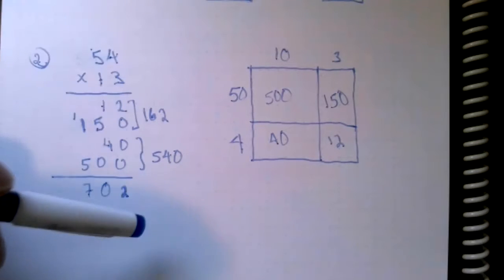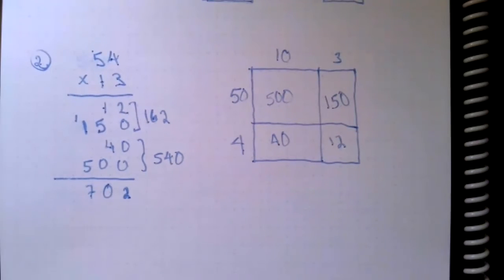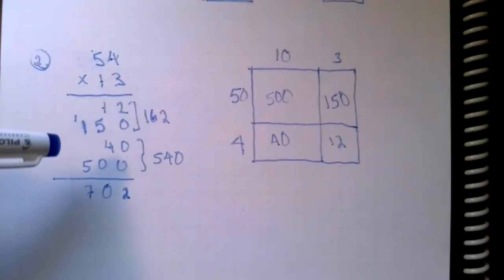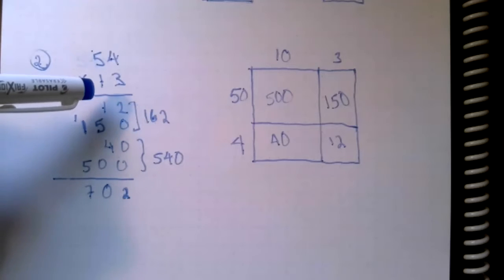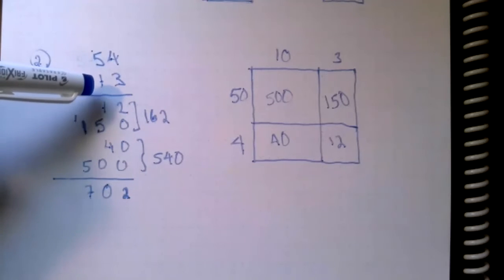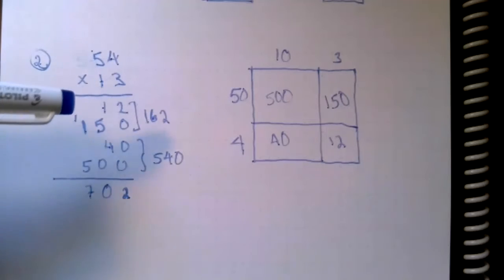So the rectangular array model gives us an alternative to the chip model. And the good thing about it is the rectangular array model can be used with 2-digit stuff.